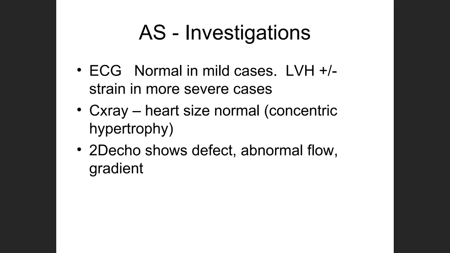There is hypertrophy of the muscle, but the outer dimension of the chamber, in fact, does not increase. And the echocardiogram will demonstrate the defect, will demonstrate the abnormal flow, and you may be able to calculate the gradient, which is the difference between the systolic pressures proximal to when compared with the systolic pressures beyond the area of obstruction.